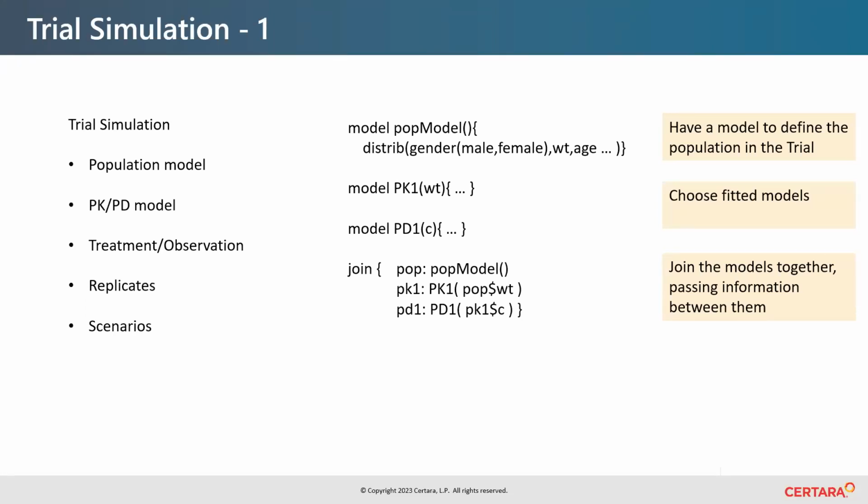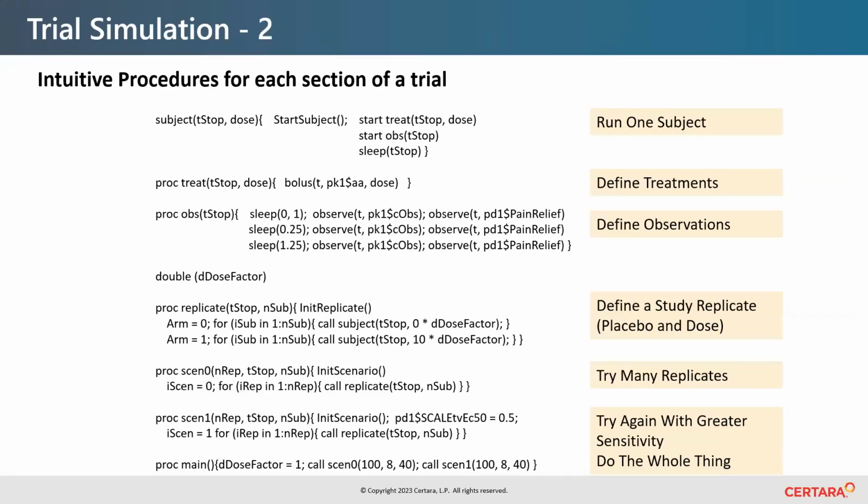So if we look at the next page, these are examples of the kinds of procedures that you can use in a trial simulation, where you can say to do a subject, we just start the subject, means make up the gender and the weight and the age, and possibly discard the subject because they're too heavy or whatever.